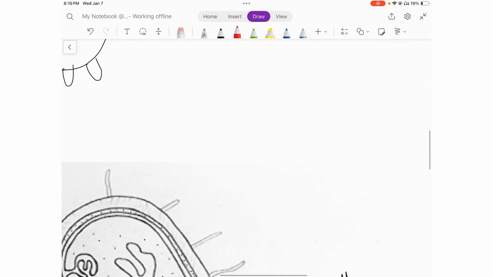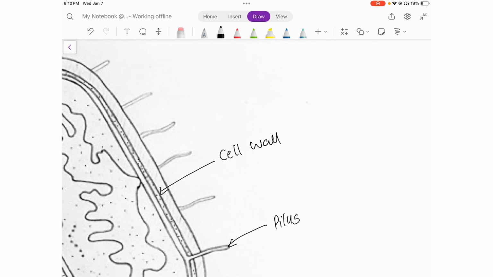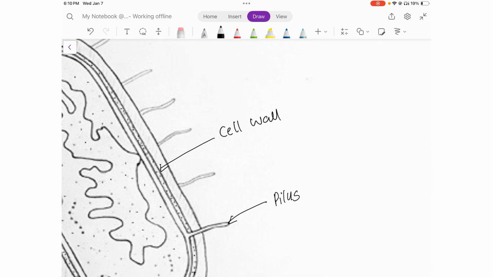Here, however, even though it possesses a cell wall, this cell wall is made up of a substance known as peptidoglycan, or in other words, murein. But I assume CIE prefers peptidoglycan over murein, so stick to peptidoglycan.